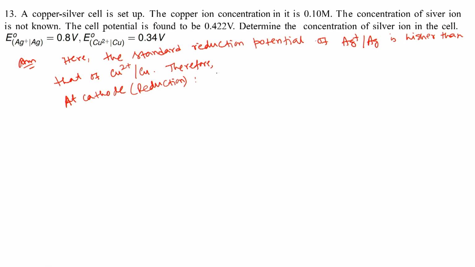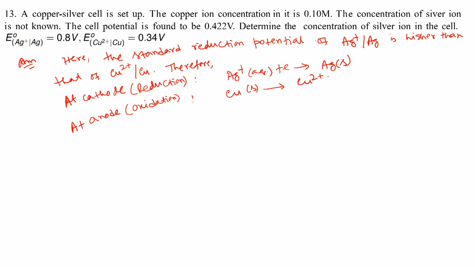So at the cathode, Ag+ aqueous plus electron goes to Ag solid, and at the anode oxidation takes place. So we get Cu solid goes to Cu2+ aqueous plus 2 electrons.